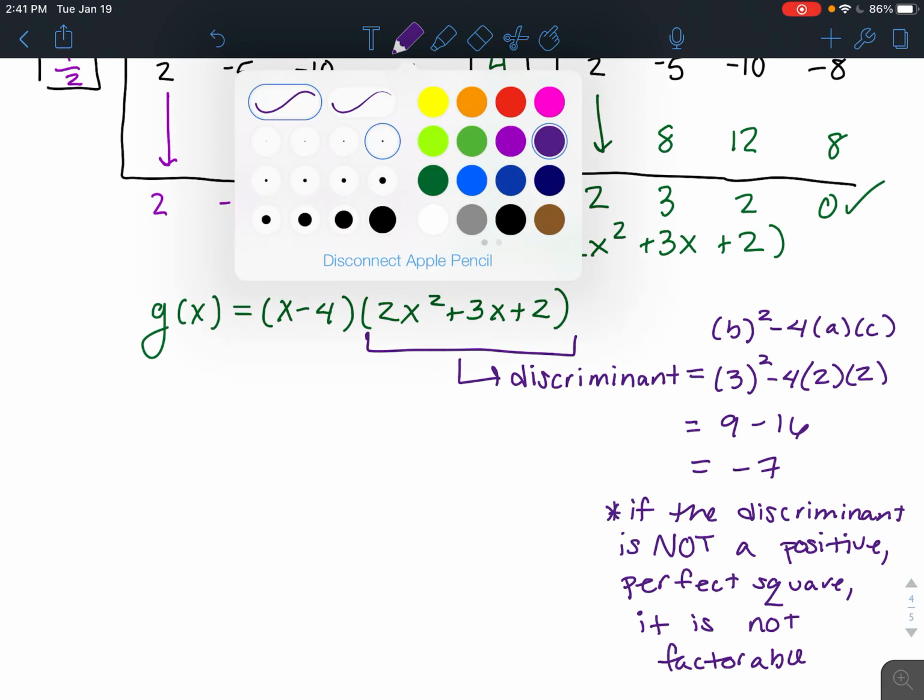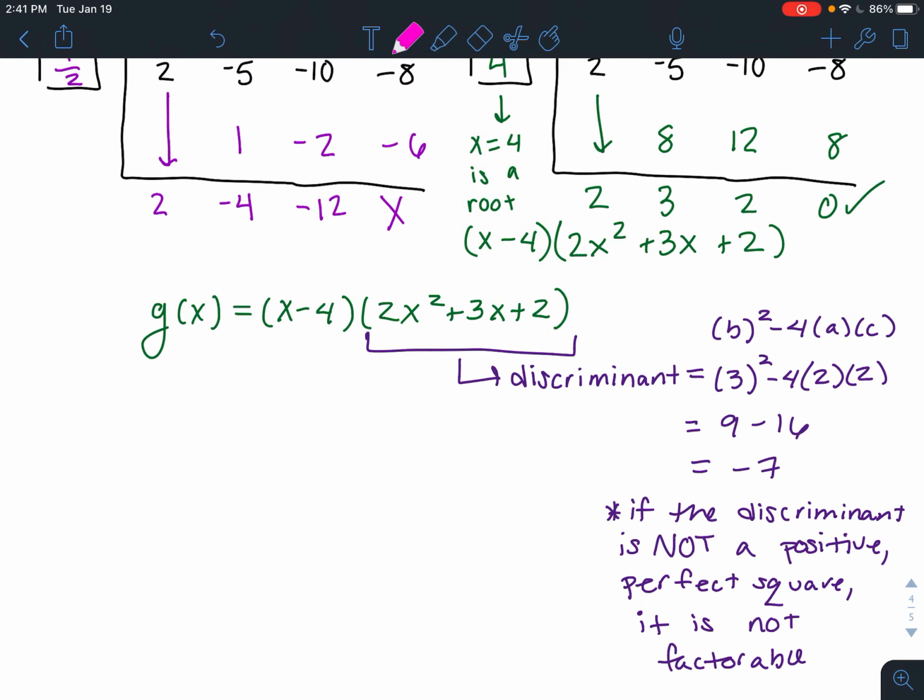So because negative 7 is negative and 7 is not a perfect square, this tells us that this is prime. So our final factored form is actually what we already have right there.